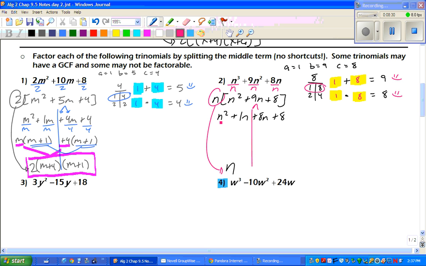Draw the line. I'm going to take out an n from the first and an 8 from the second. So we're left with n plus 1, and positive 8, n plus 1, which is nice because our checkpoint right there, we got the right answer.